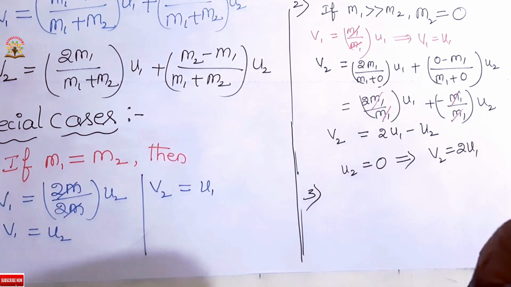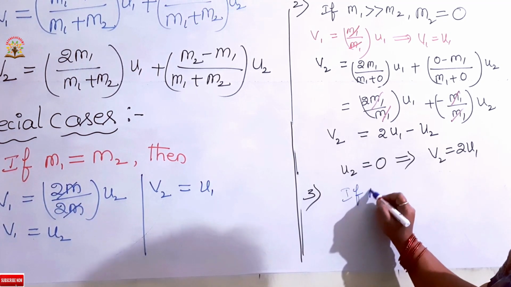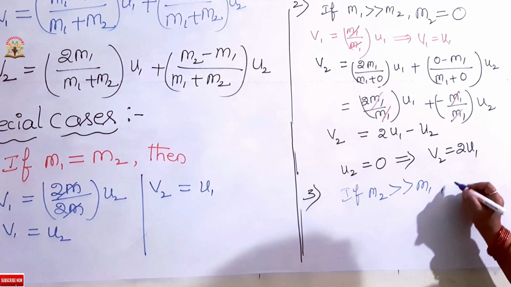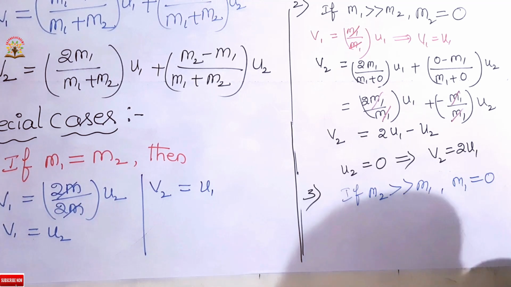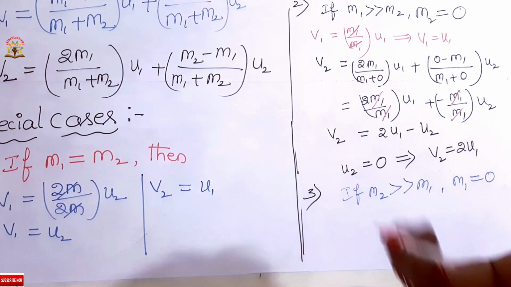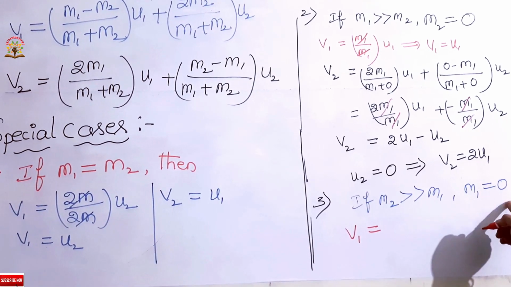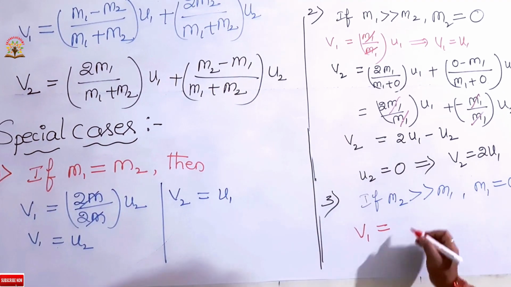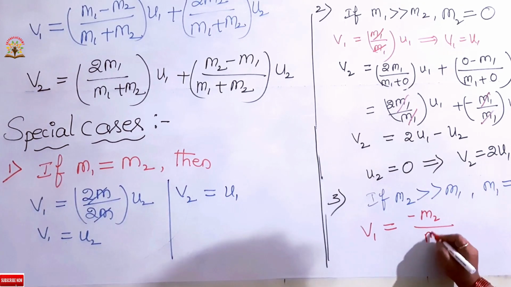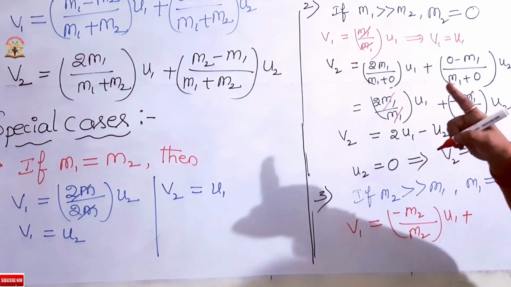Next, third case. What is the third case? If m2 is greater than m1, then m1 is equal to 0. Substitute m1 is equal to 0 in the V1 equation. What is m1? 0. 0 minus m2, minus m2 by m1 is equal to 0, m2 of u1 plus 2m2.